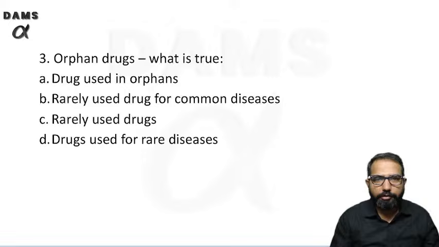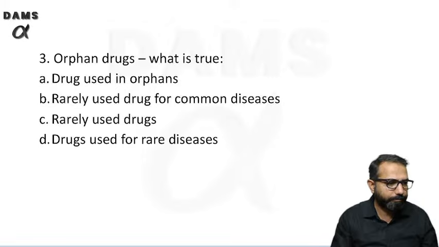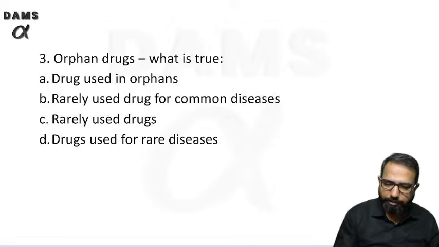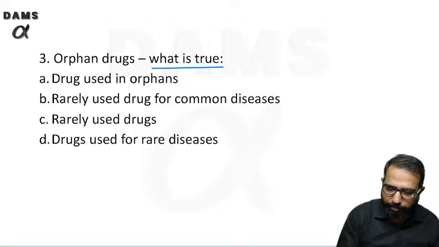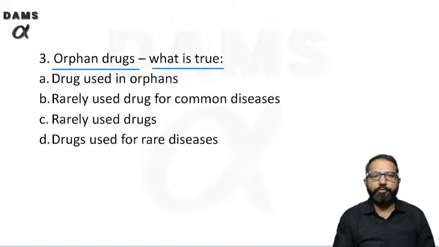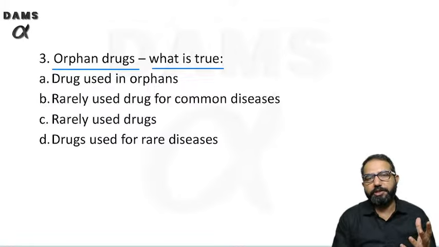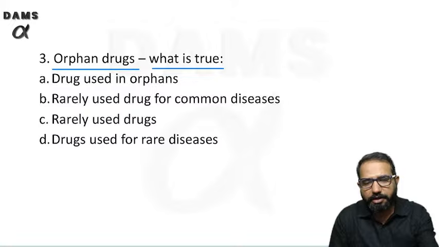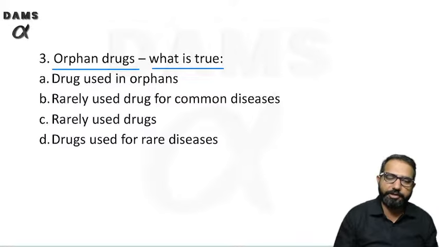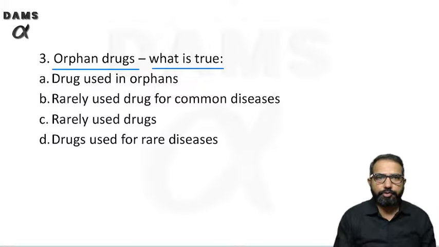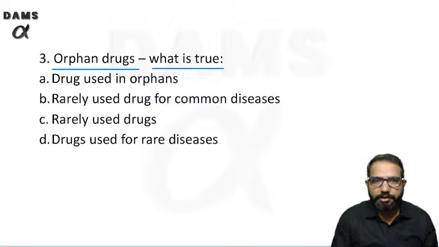Next question. What is orphan drug? What is true regarding the orphan drug? By name only you can see orphan drugs. Orphan means what? Helpless, with no support, so we have to give support. The options: drugs used in orphans, rarely used drugs for common disease, rarely used drugs, or drugs used for rare disease.